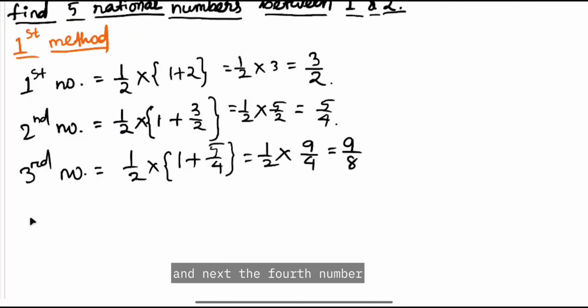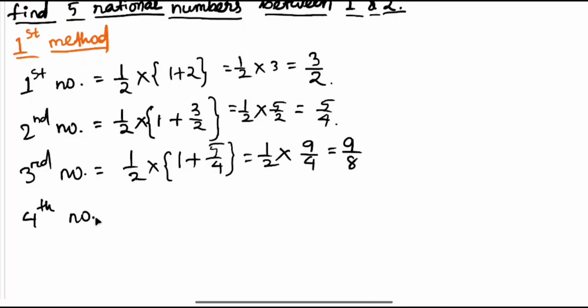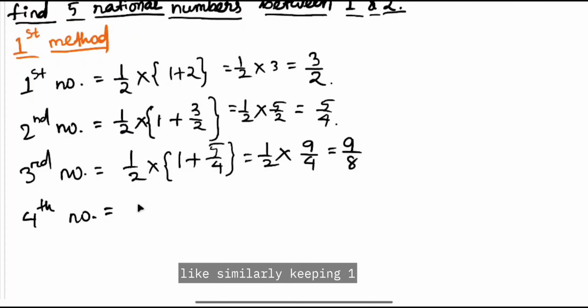And next, the fourth number, similarly keeping 1 and multiplying 1 by 2, replace 5 by 4 with 9 by 8. That means the next number is 1 by 2 into 1 plus 9 by 8.